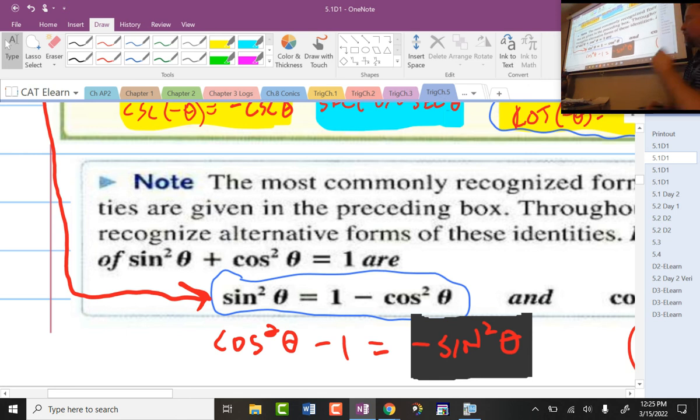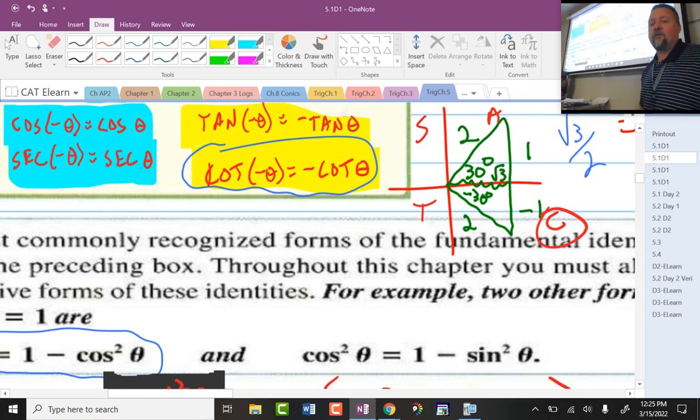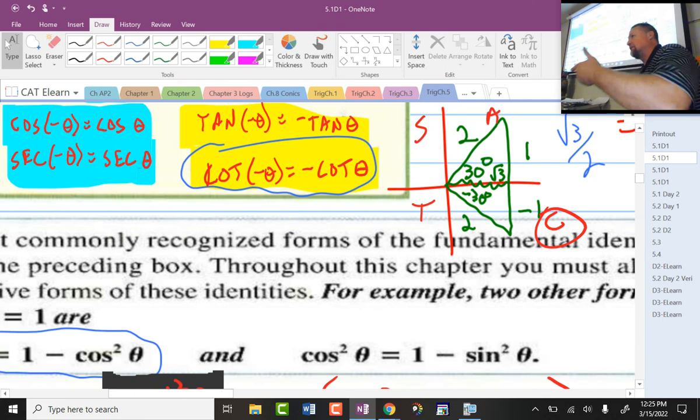That's why I knew it shows up there. It's just a reshuffling. It's just doing some adding and subtracting. Whatever you do to one side, do to the other. That's the only thing that's going on there. And then there's another one. Of course, then cosine squared equals 1 minus sine squared if you subtract the sine squared.